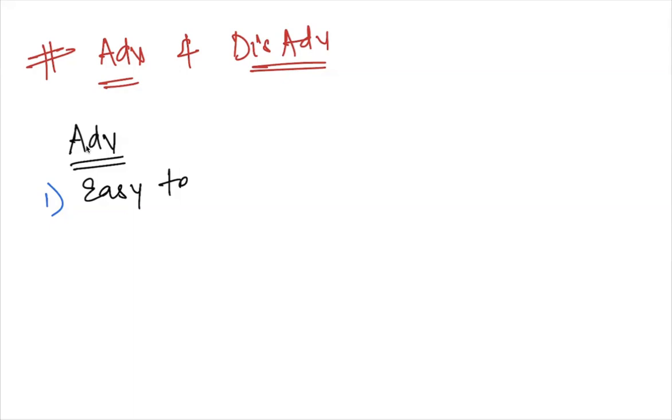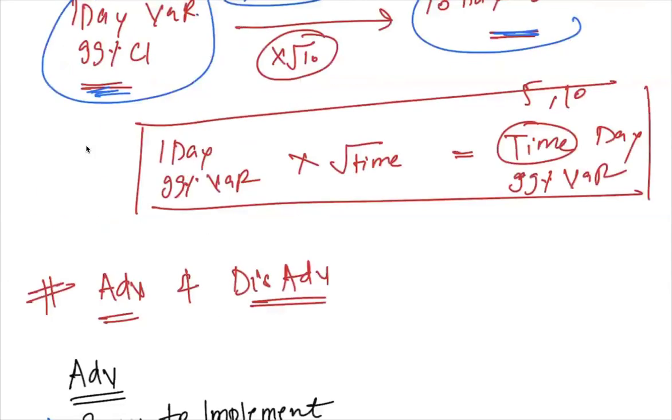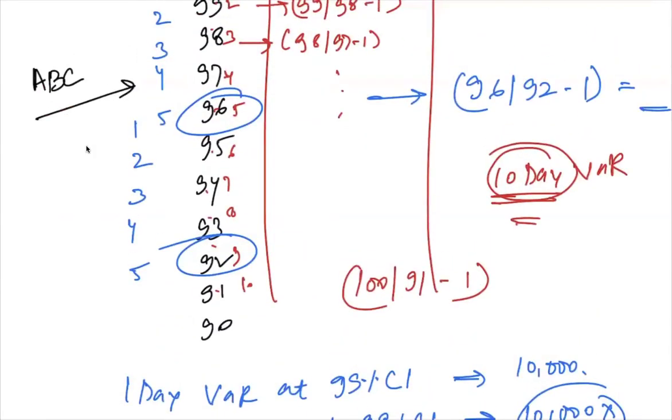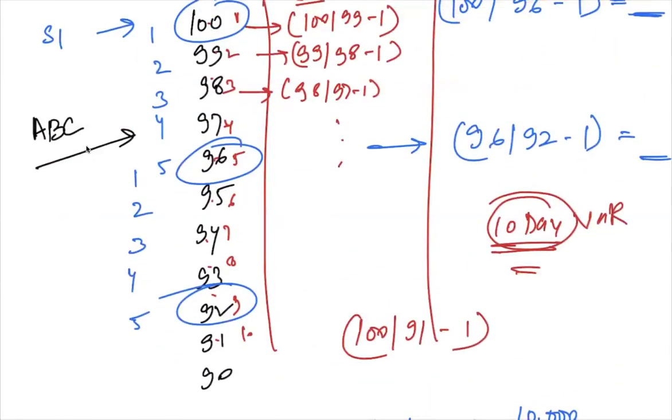Okay, so the first thing is it's easy to implement. The historical method is easy to implement. If you see in the whole calculation, we didn't do anything very complex.